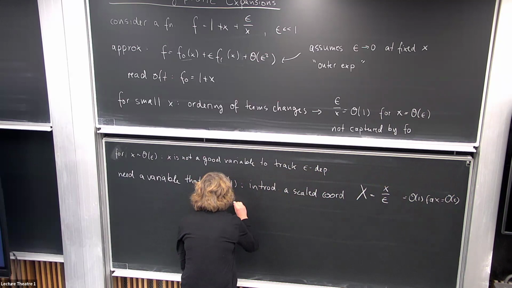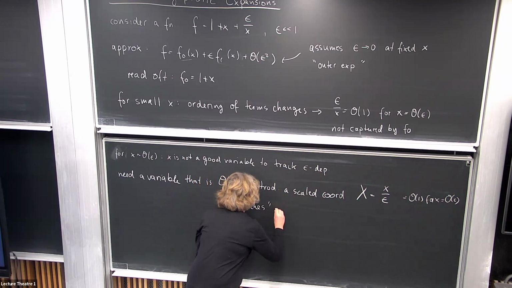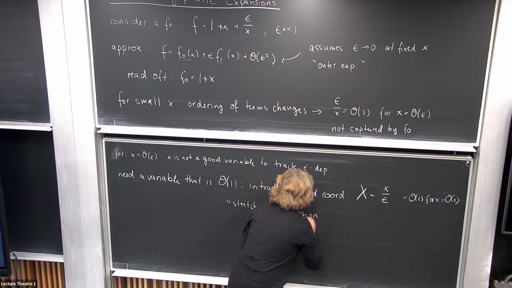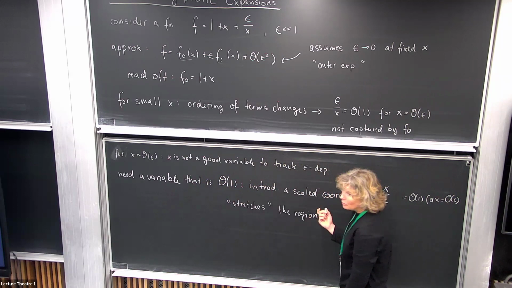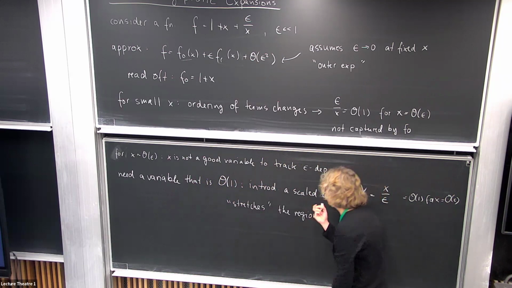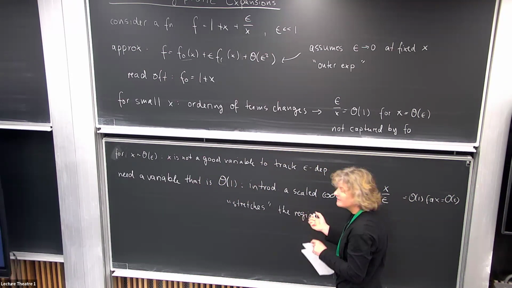Yeah, so maybe let me write it down. And you might have seen similar coordinates, for example, the tortoise coordinate in black hole physics also stretches the region near the horizon.